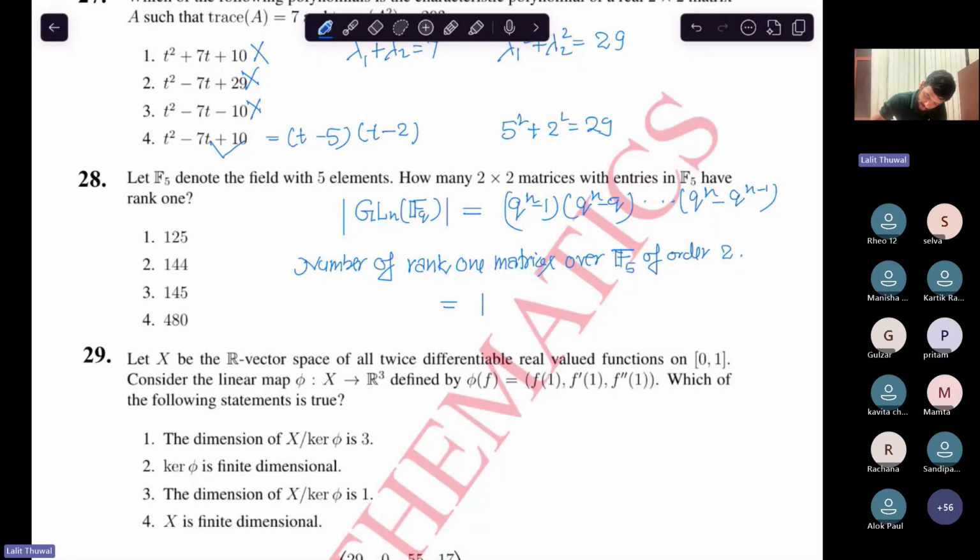So what is the number of total matrices? That is the order of M_n(F5) minus the order of GL_n, all invertible matrices meaning rank 2 matrices, minus the 0 matrix. You might miss this one, minus 1, and they must have put an option like that.